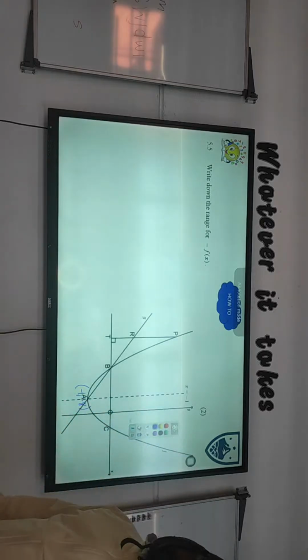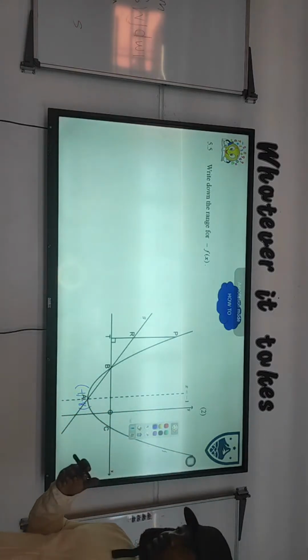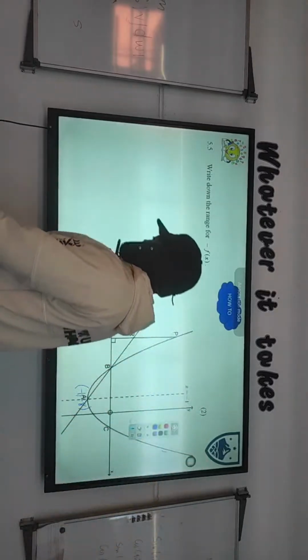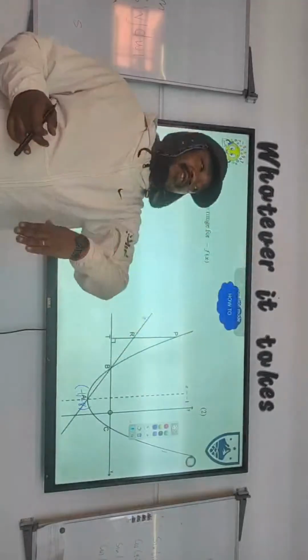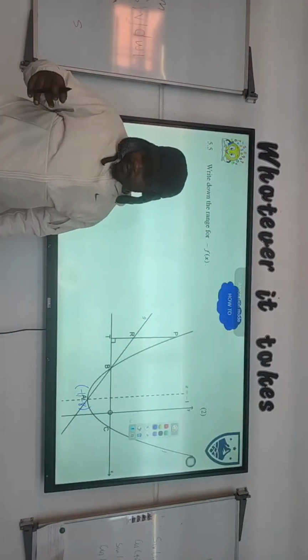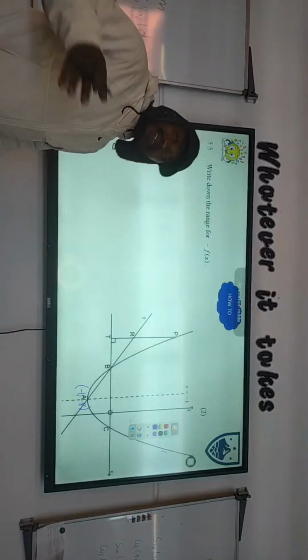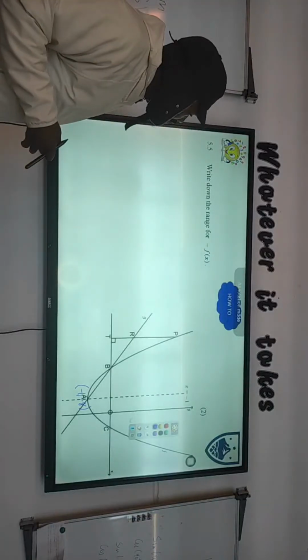The turning point is important because we're looking for the range. Remember, the range is the y values where this graph exists. Domain is the x values.